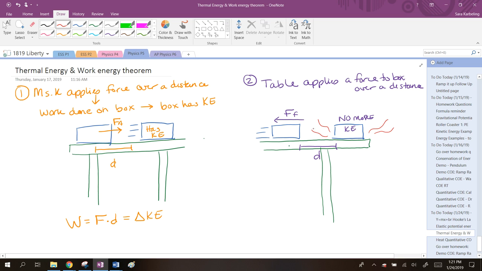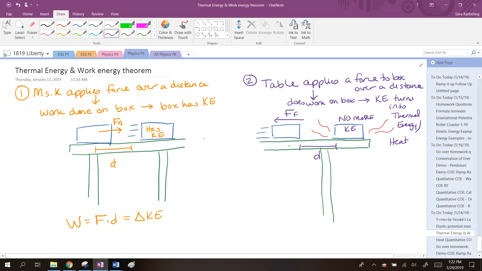Okay, I'm going to just clear this up here. So the table applies the force to the box, does work on the box, and the kinetic energy turns into thermal energy, which is also known as heat.